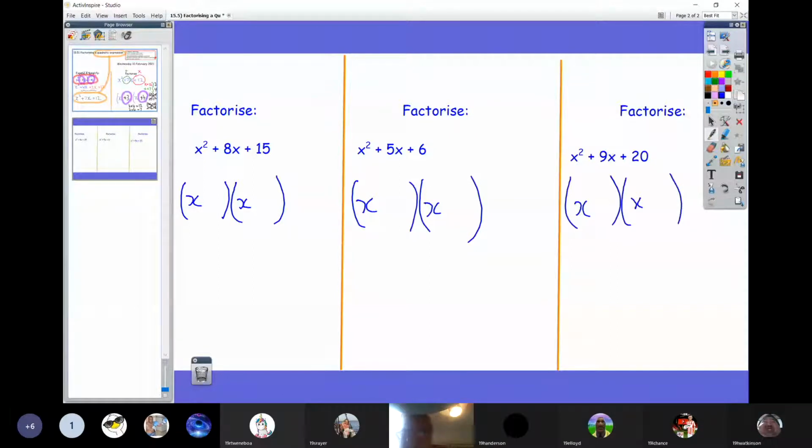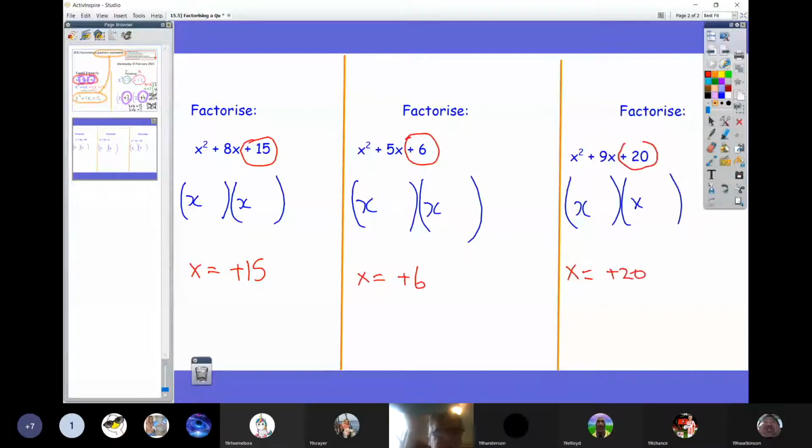Now, I need to work out those two magic numbers, and they multiply to be the chap on the end. So that's plus 15. On the second one, they've got to multiply to be the plus 6. And on the third one, they've got to multiply to be the plus 20. That's the first condition my two magic numbers have to meet.